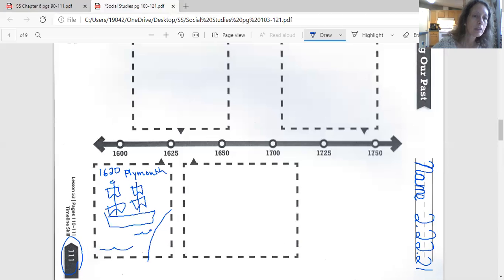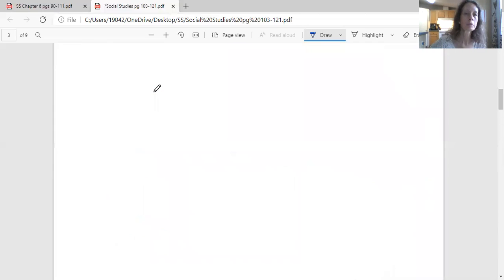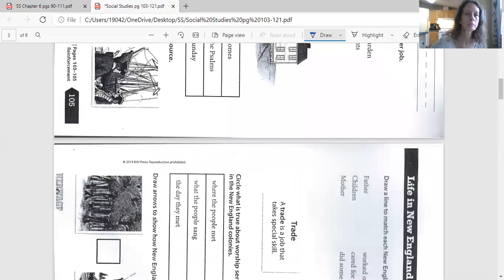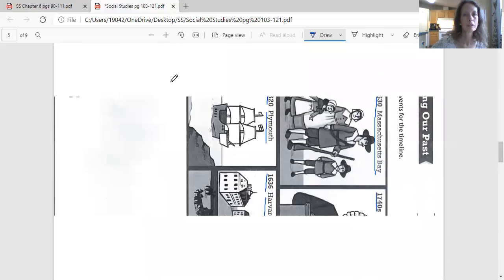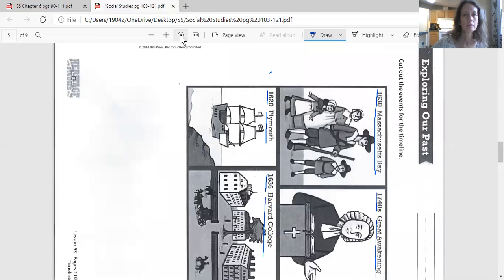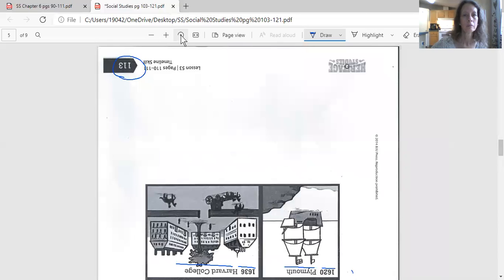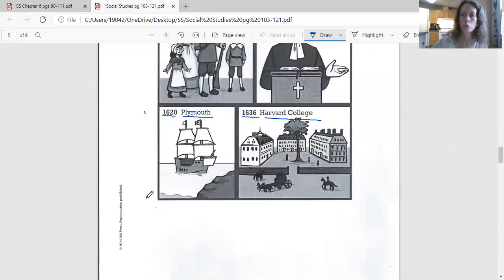And a little flag up here. Kind of matches this one up top. See it? Here it is. See it? That's what I was doing. Okay, so now let's find the next thing.